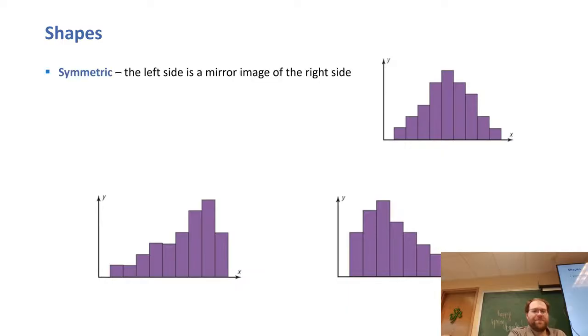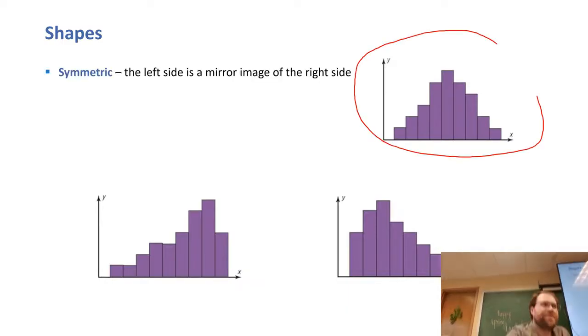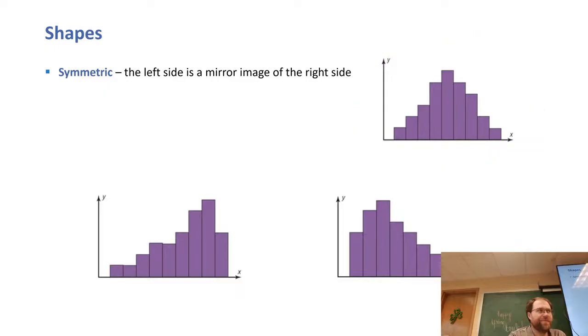In terms of shapes, this one right here is considered symmetric. And what I mean by symmetric is that I could take a piece of paper and cut it through the center of this. And if I fold the paper on itself, I'm going to get roughly the same shape on each side of where the center is.